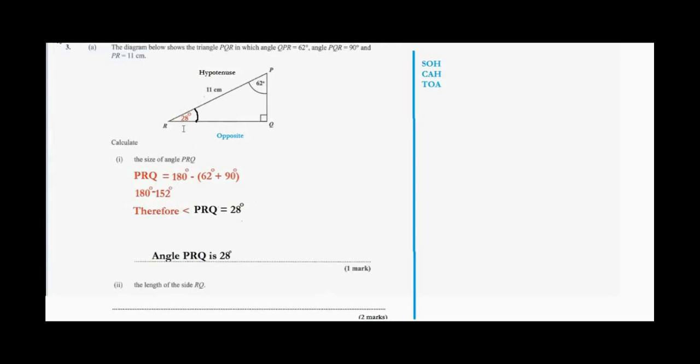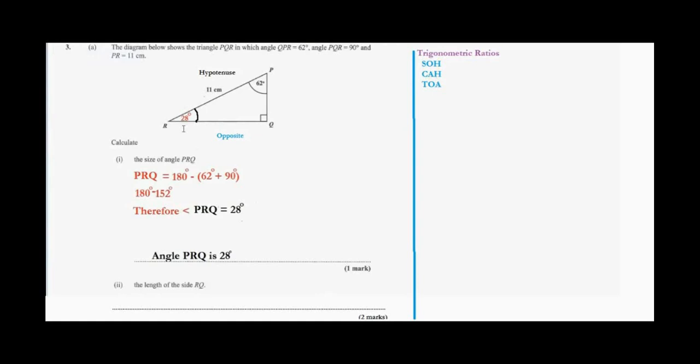Where the first one, it would be sine theta opposite over hypotenuse, and for the second one, it would be cos theta adjacent over hypotenuse, and for the tan now, it would be tan theta opposite over adjacent, right? So these ratios will help us to determine whether we should use sine, cos, or tan, right?